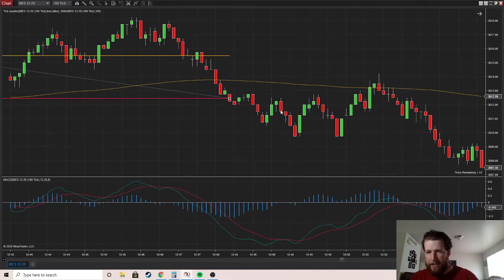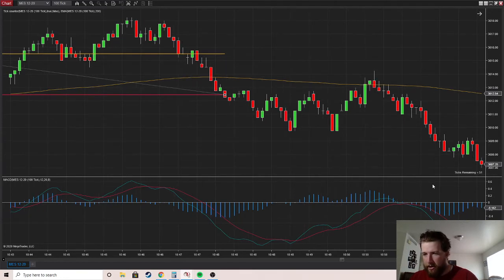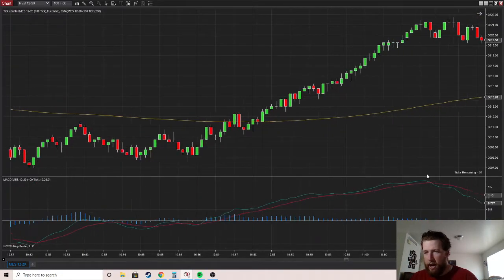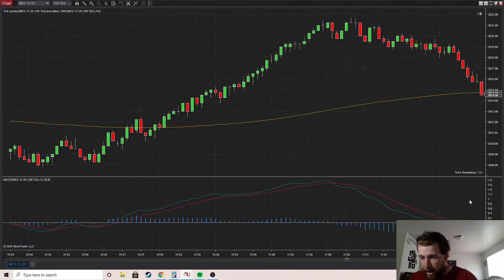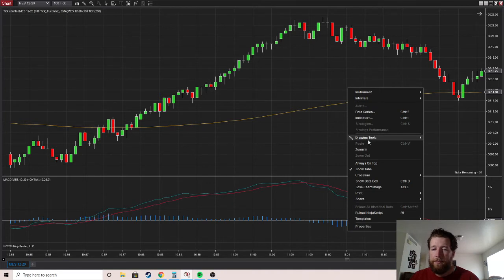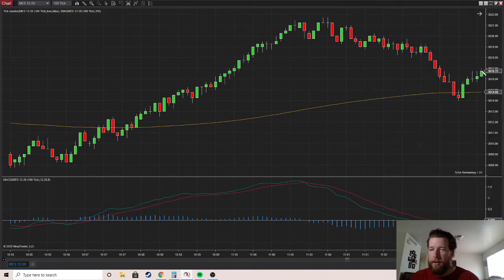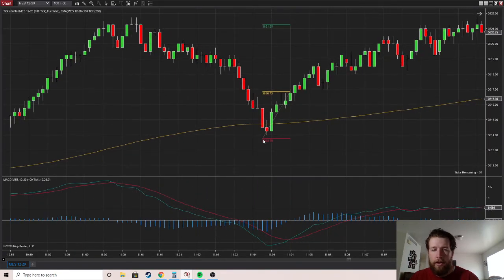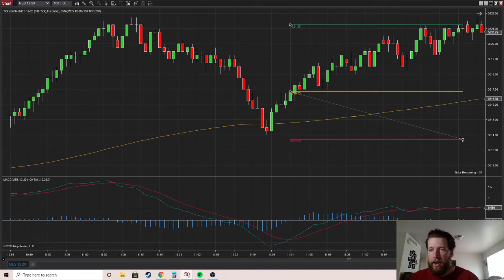Not doing that because it's not necessarily a clear trend, and it did cross the EMA. But we are in an uptrend. Okay. I'll take this one. All right, see what happens. And we won right there.